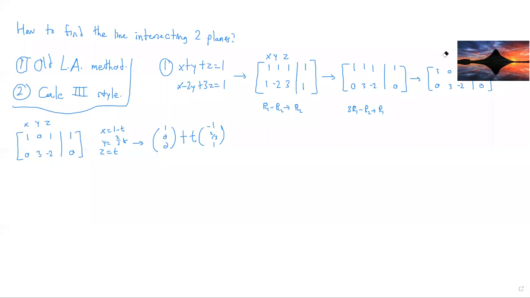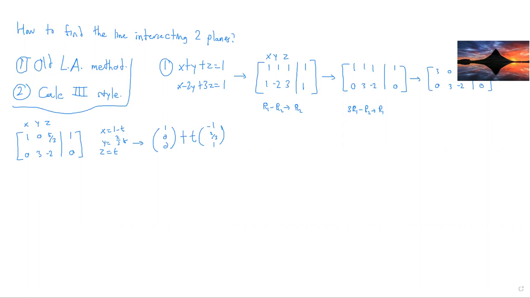Oh, I am so sorry about that. It's 3 times 1 plus 2, that's a 5. I made a mistake. So 5, 1, 0, so I think it's 5 over 3. This is why I don't trust my mental arithmetic. Double check your work, guys.